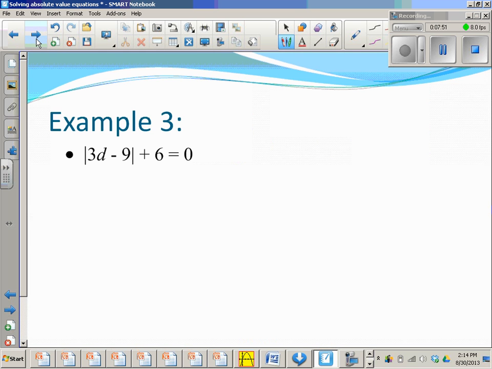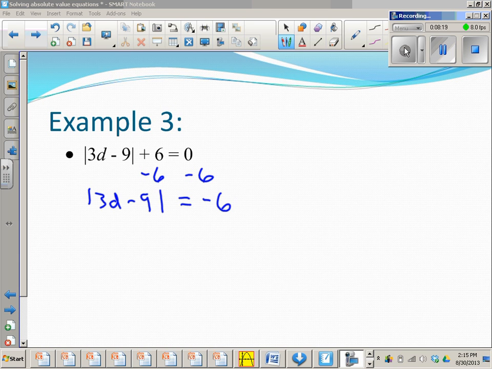Example 3. Does example 3 look like example 2? Yes, it does. Okay, so first step would be what? Isolate the absolute value. Here we do that by subtracting 6 on both sides. We have the absolute value of 3d minus 9 equals -6. I have the absolute value isolated.